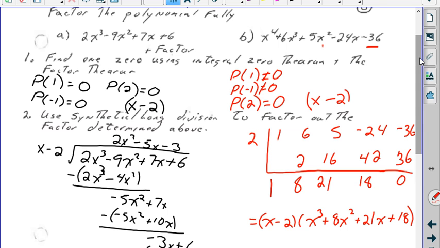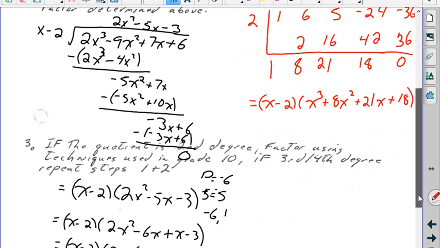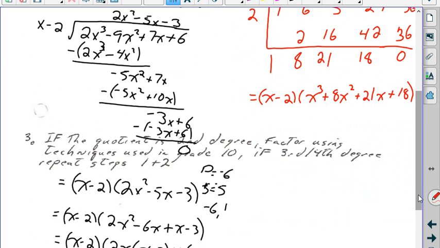Negative 8 plus 16 is 8, plus negative 42, negative 36. Negative 2 doesn't work.